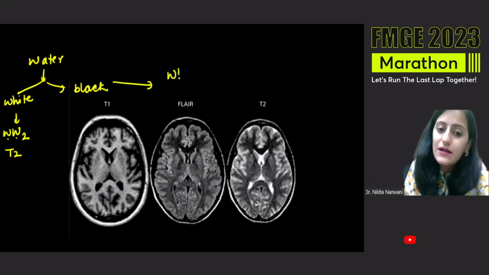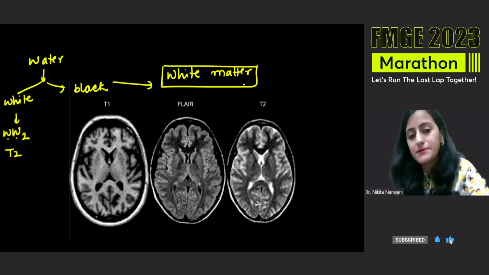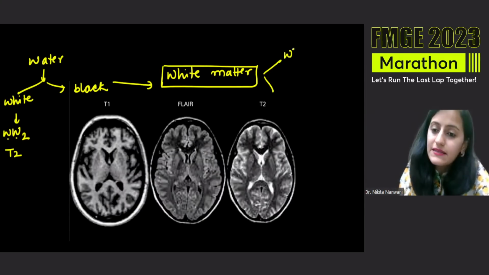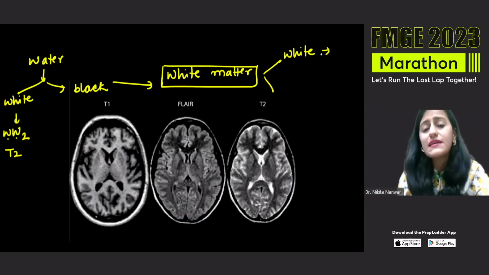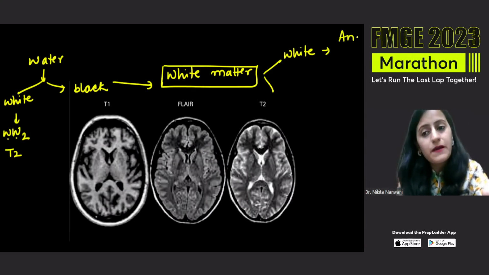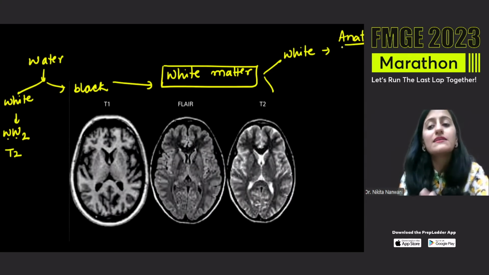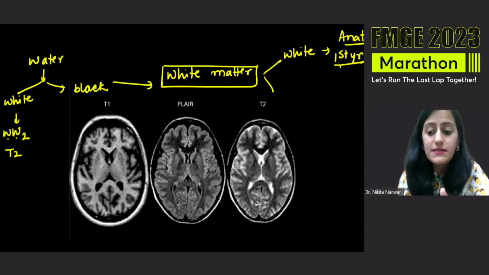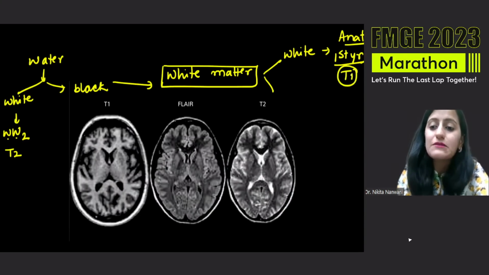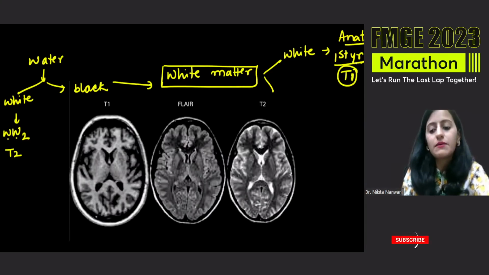The next thing that we need to look at is the white matter. Now, if the white matter is white, that means anatomy is being followed. White is white, gray matter is gray. Anatomy is your first year subject, first year MBBS. So remember that it's a T1, first year T1 MRI.